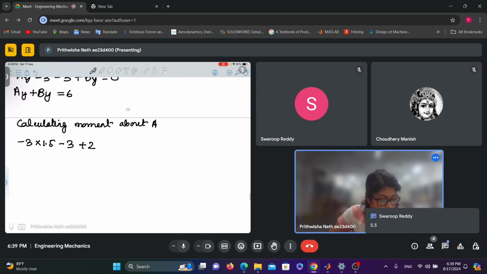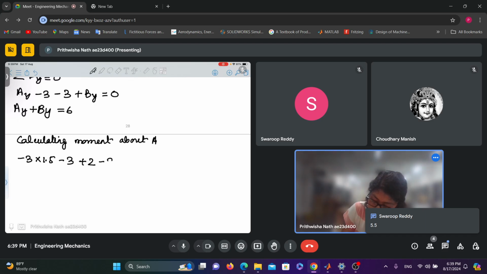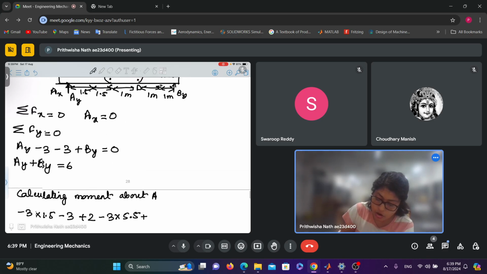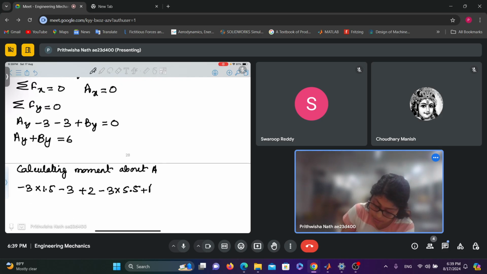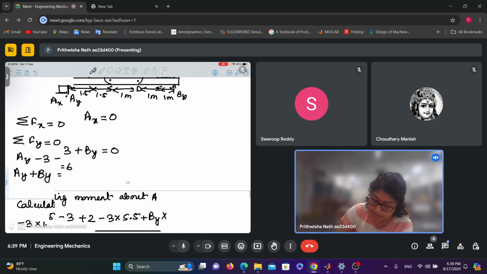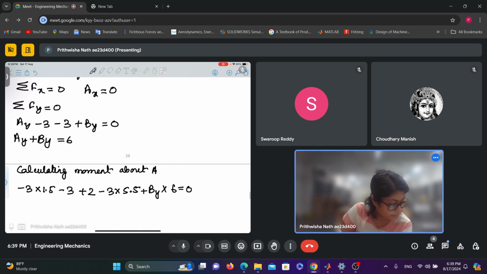Yeah. Minus 3 into 5.5 plus By is causing an anti-clockwise movement. So By into the total distance is 6 meters. So 6.